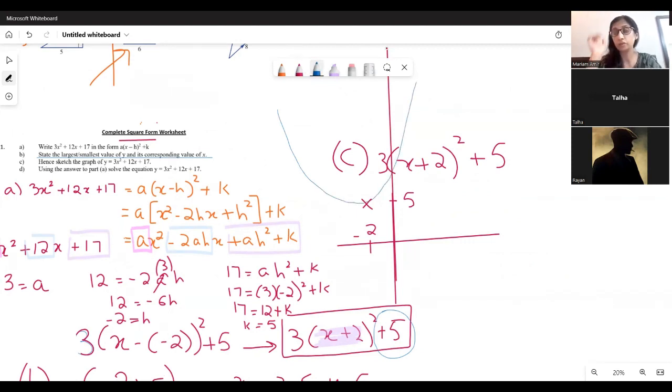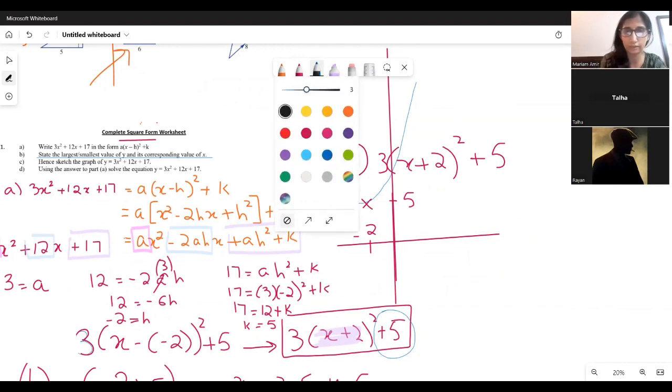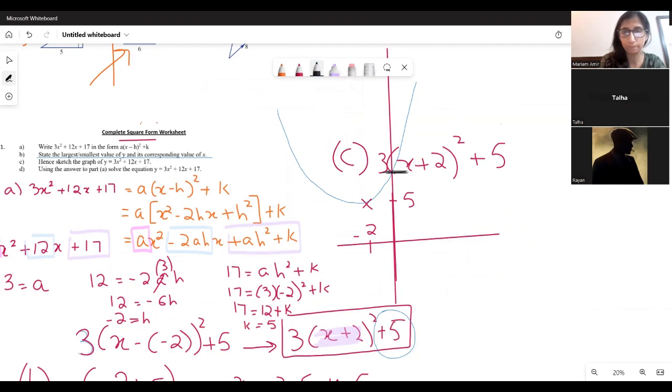Often in questions, you have to state the values of the intercepts. So you have to show where the graph is cutting the x-axis or the y-axis. That means we still need to tell the value of this intercepting point here. This is where x is 0. So when you substitute x equals 0 here, what is left? 17.